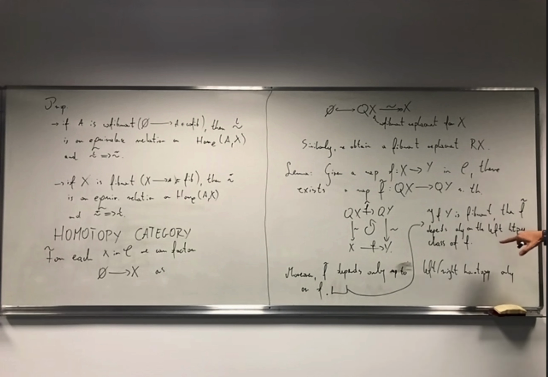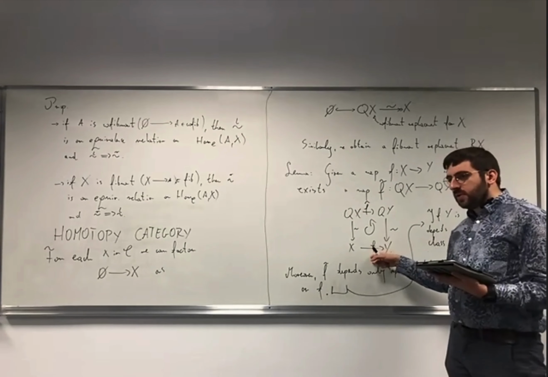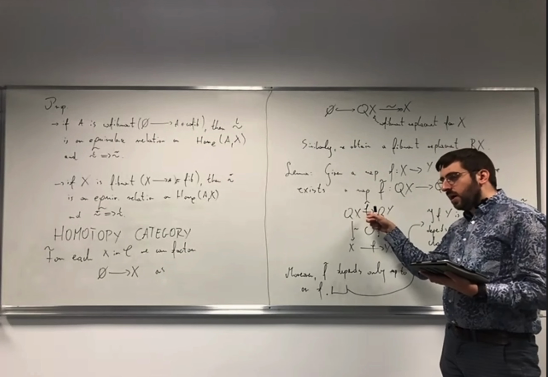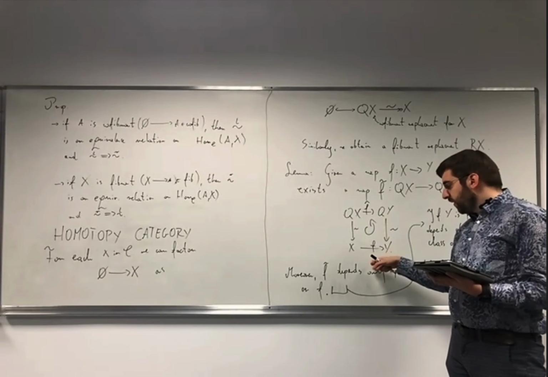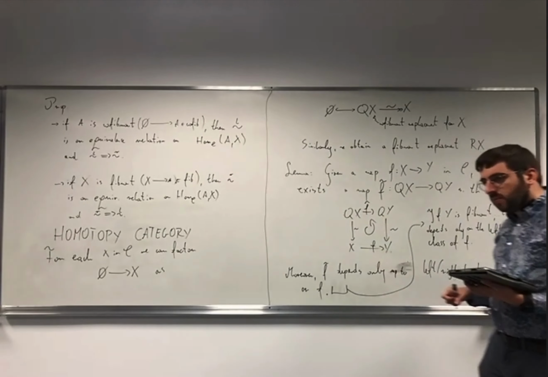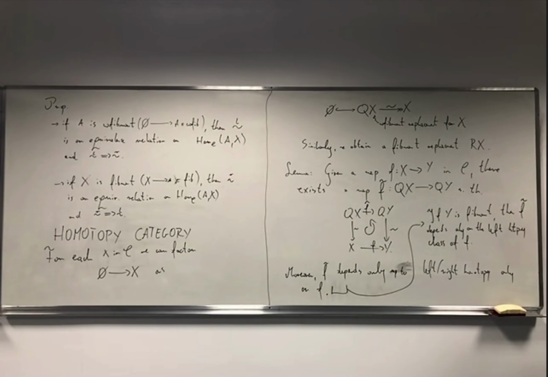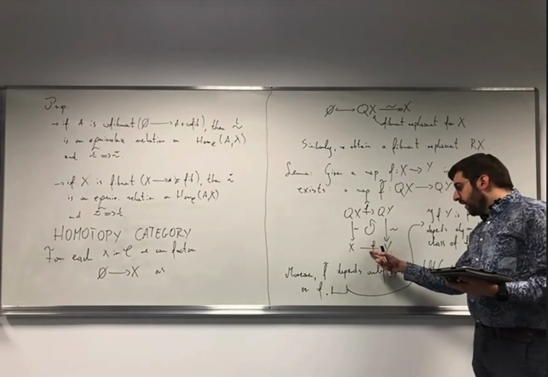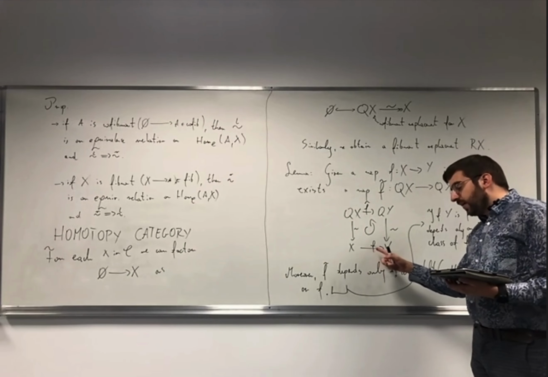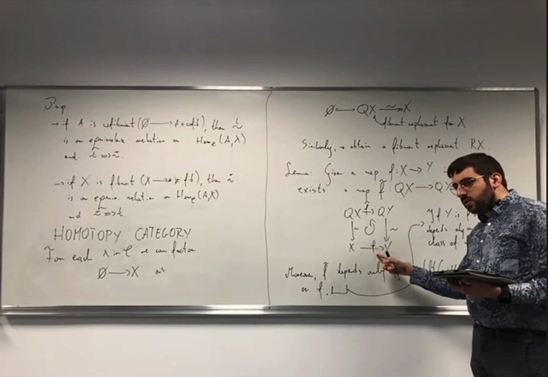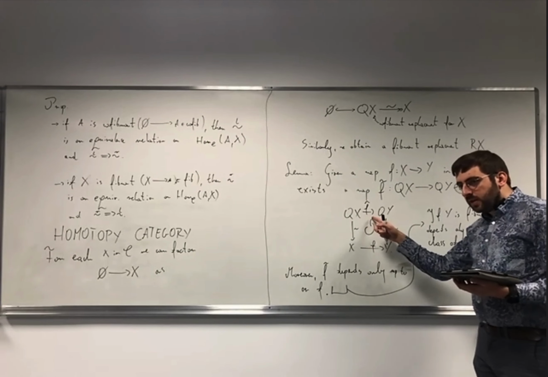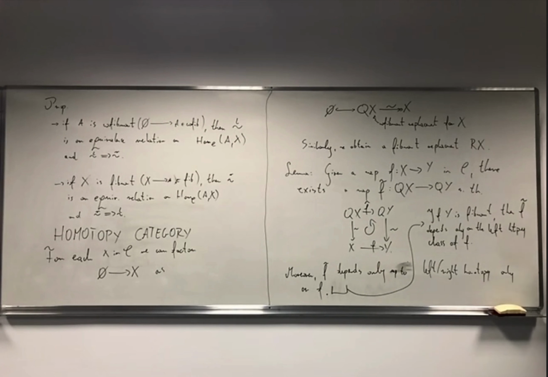What this addition is telling me is that if Y is fibrant, then all of the choices of f twiddle are homotopic and depend only on the left homotopy class of f. So a priori, if Y is not fibrant, and I have two left homotopic maps f and g over here, then their lifts might not be homotopic. But if Y is fibrant, this is not the case anymore.